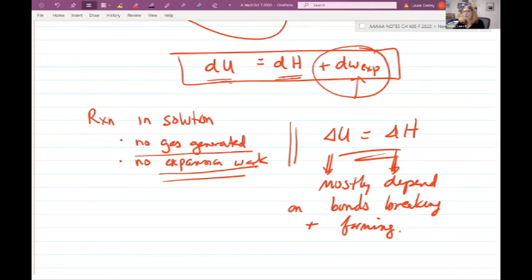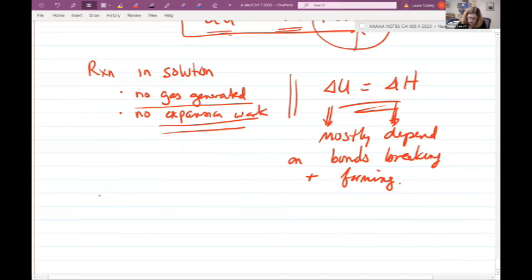But you can have some situations where maybe the moles of gas change between the reactants and the products, or maybe a gas is generated, or maybe a gas is heated up and it undergoes an expansion. So situations where the moles of gas change.